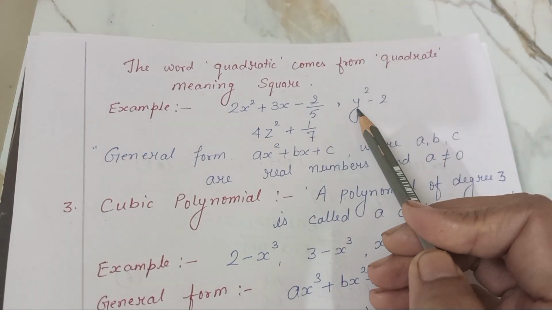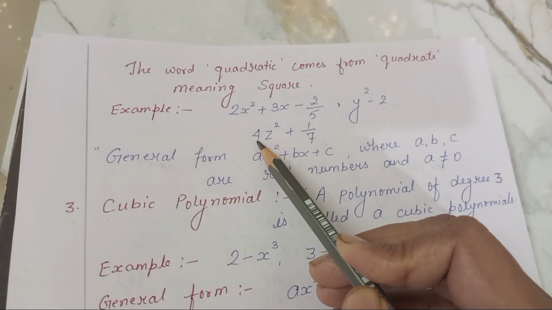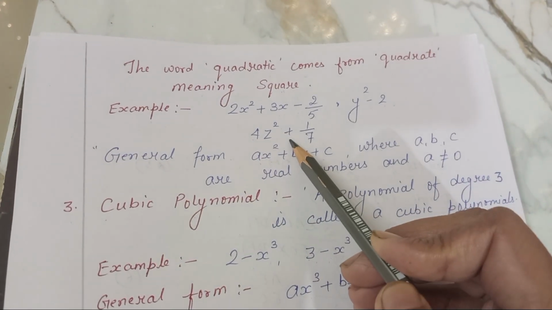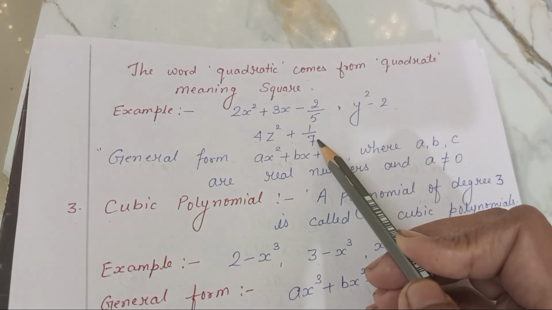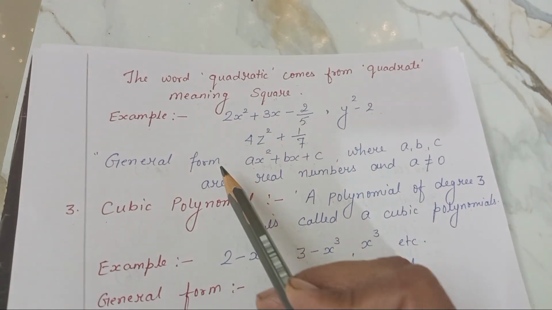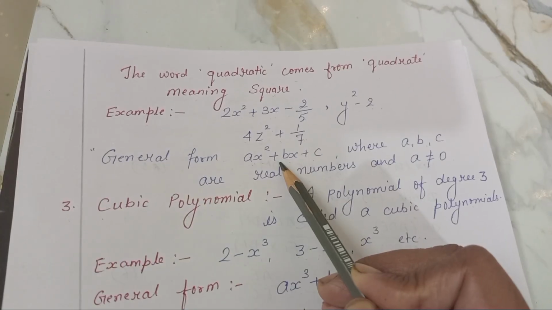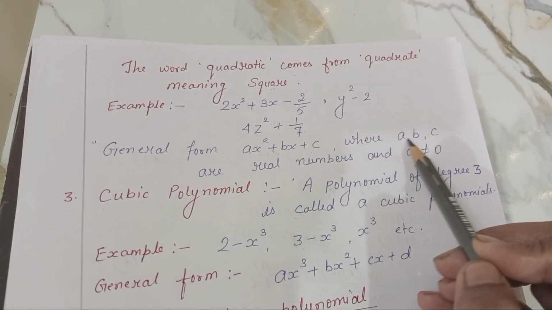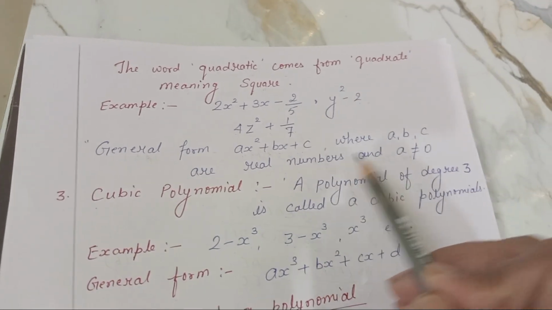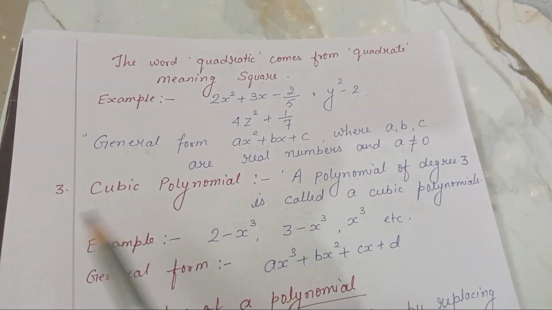Another example, y square minus 2. Another example, 4z square plus 1 upon 7. The general form of a quadratic polynomial is ax square plus bx plus c, where a, b, c are real numbers and a does not equal 0.